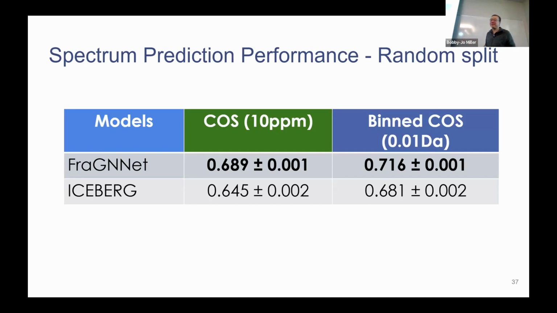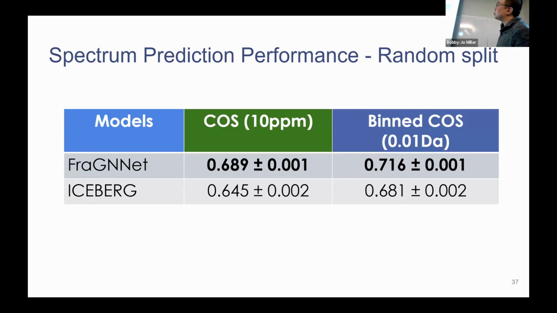Toss a coin, randomly split your data, and let's see what's going on. Here is a quick comparison between our model and our close competitors. This one is by Sam Goldman from MIT two years ago.